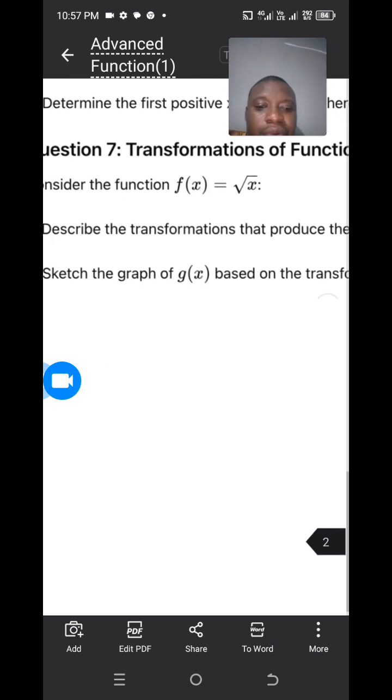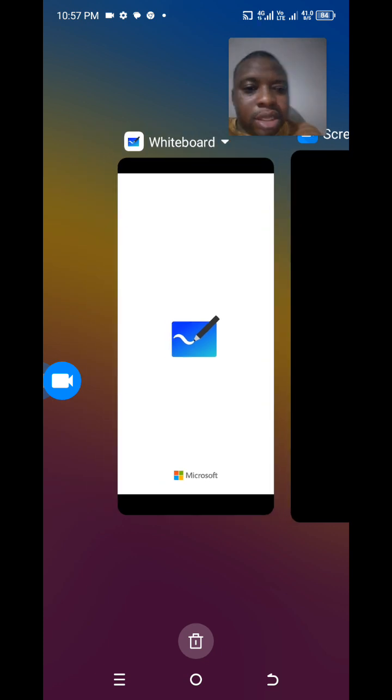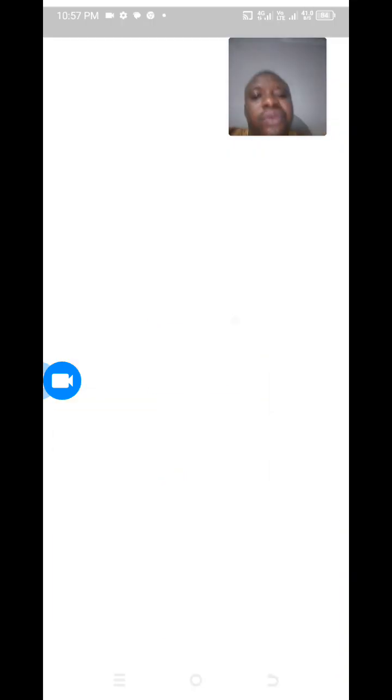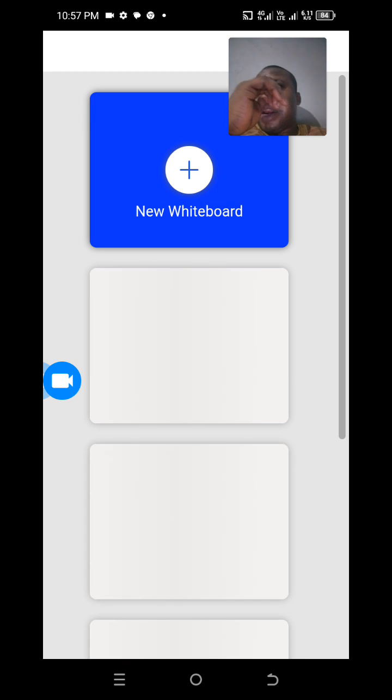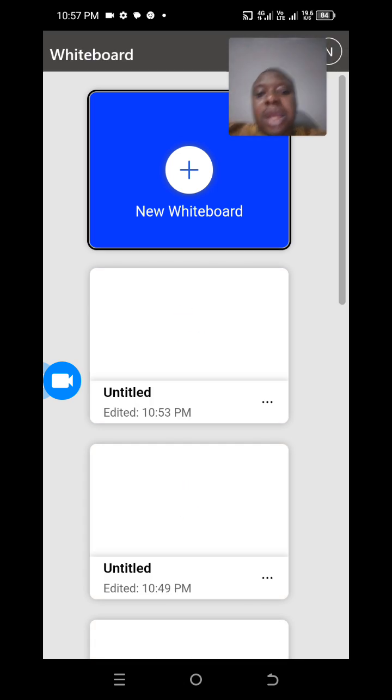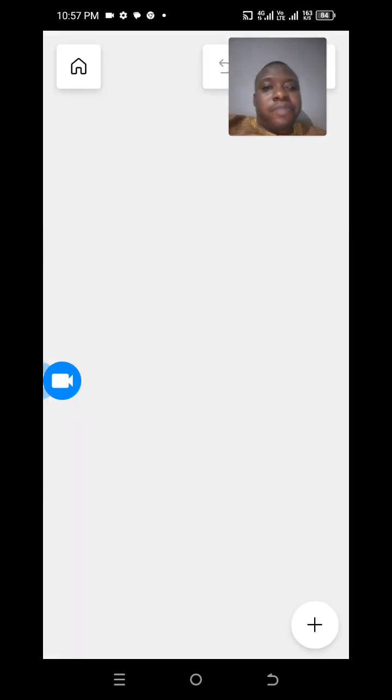Of course, the parent function is square root of x, and it has been transformed to another function. We are asked to list the types of transformation that produce g of x.